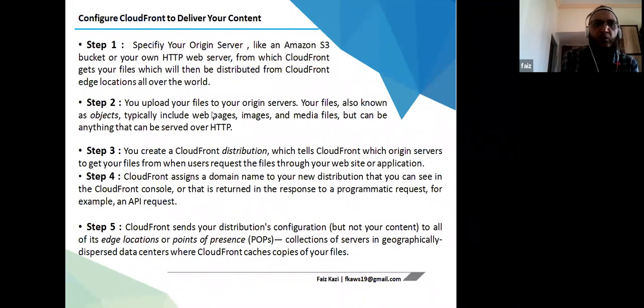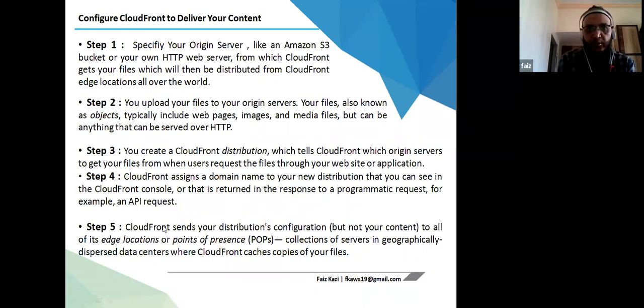So what do we do with CloudFront? Step one, specify your origin server, like an S3 bucket or your HTTP server. Step two, you upload your files to your origin server, your files known as objects. Okay, so you create a CloudFront distribution, which tells CloudFront which origin server to get your files from. CloudFront assigns a domain name for your new distribution that you can see in the CloudFront console.